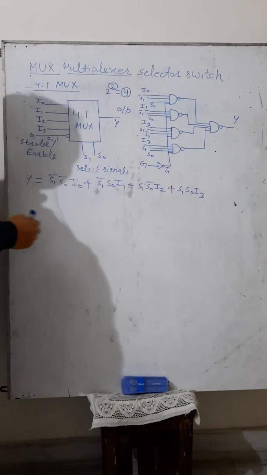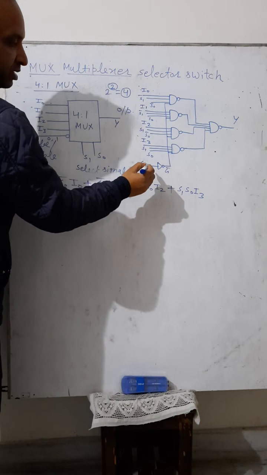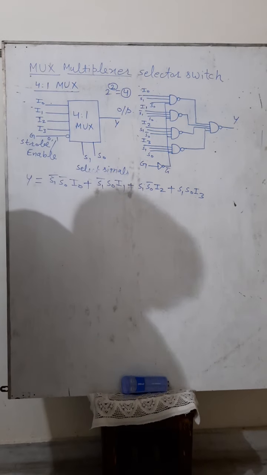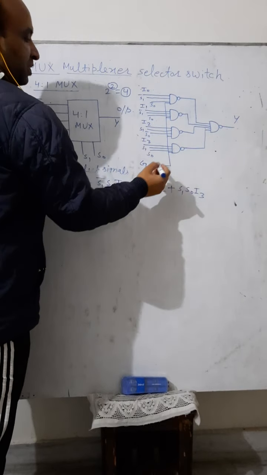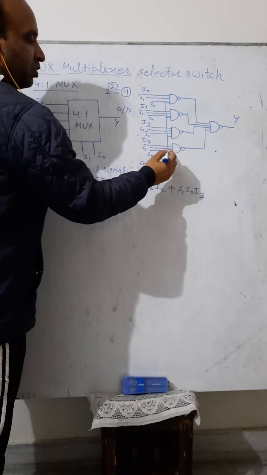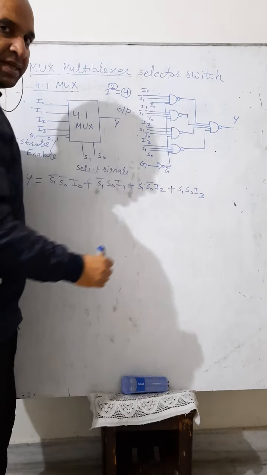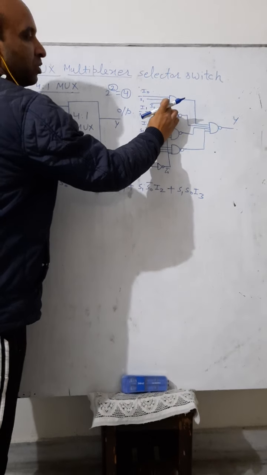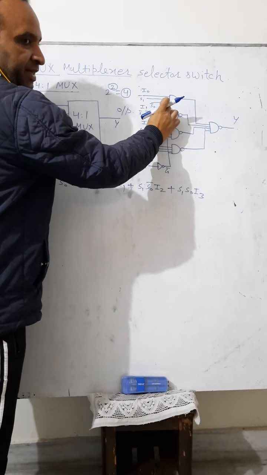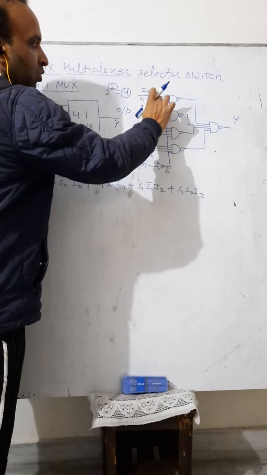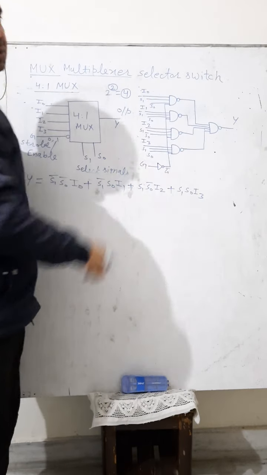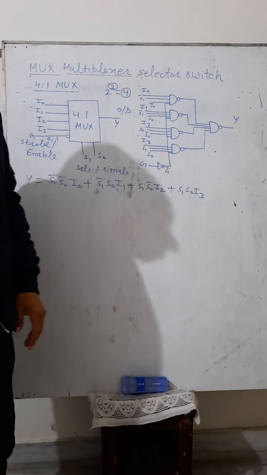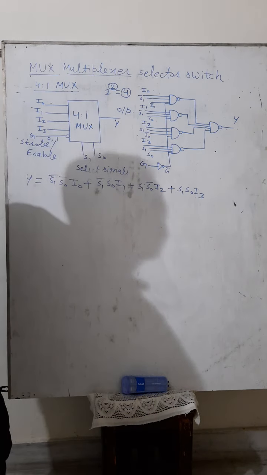If we apply 0 here, then 1 will go to each and every NAND gate. If we apply 1 here, then 0 will go to each and every available NAND gate. And you know, if only one input value of a NAND gate is 0, then there is no role for all the other inputs. So this is the enabling signal G. Here it is the role of G.